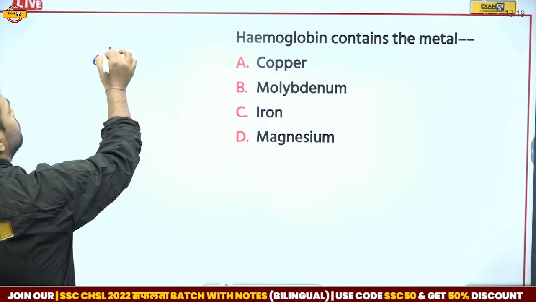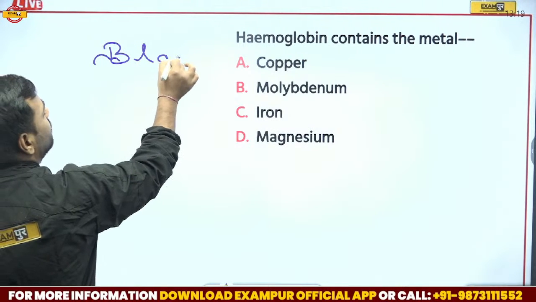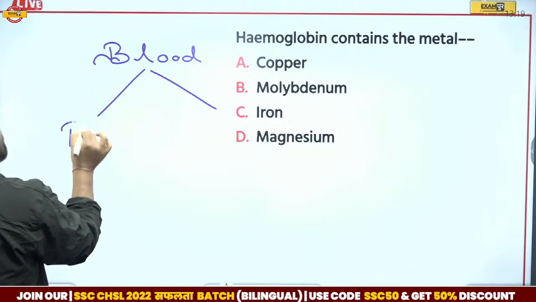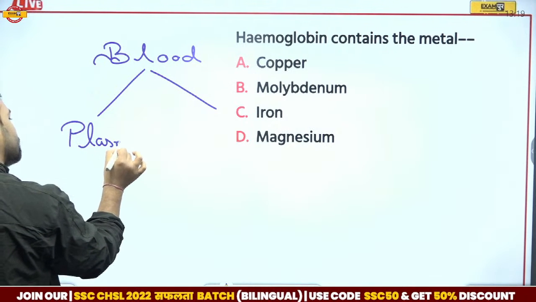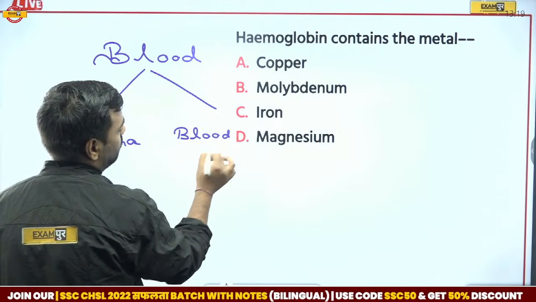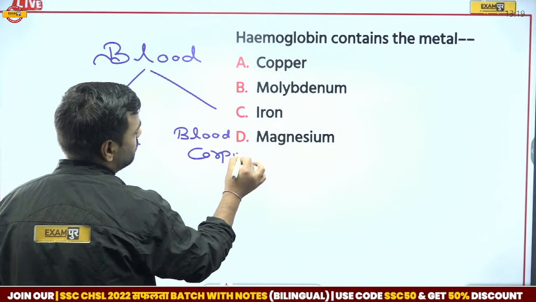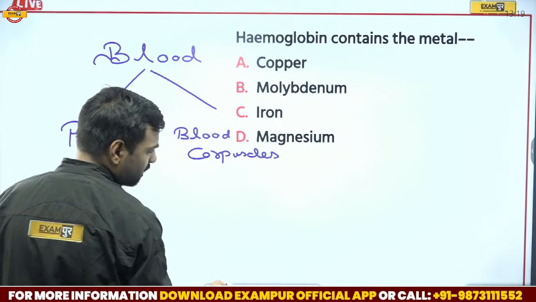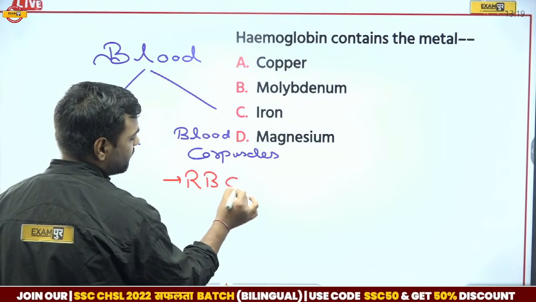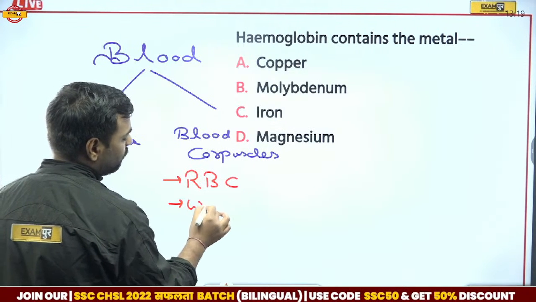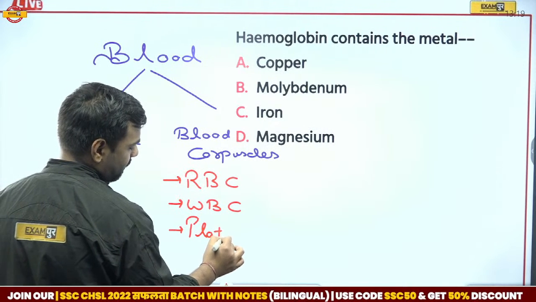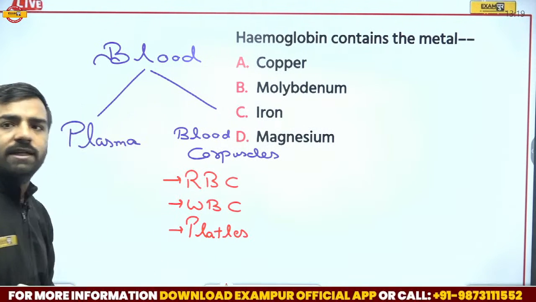When we talk about blood, blood is divided into 2 parts. One is plasma, another one is blood corpuscles, which include RBC, known as erythrocytes, then WBC, that is leukocytes, and then platelets, which are thrombocytes, right?